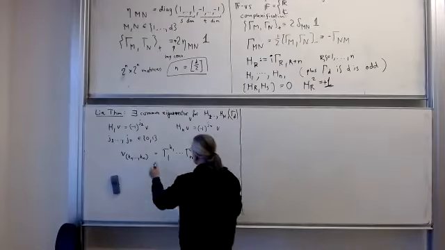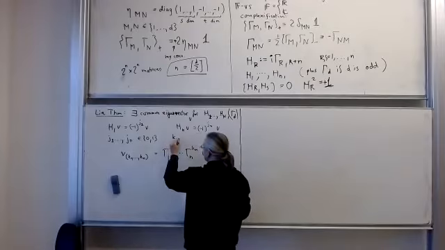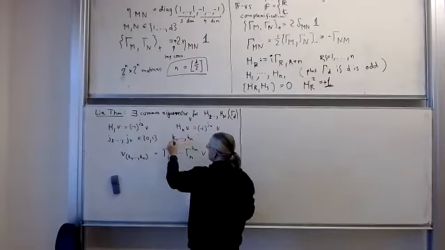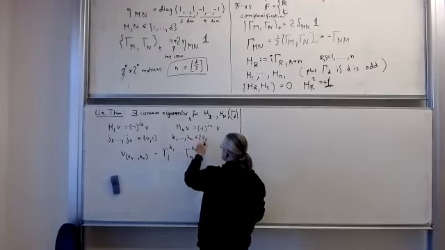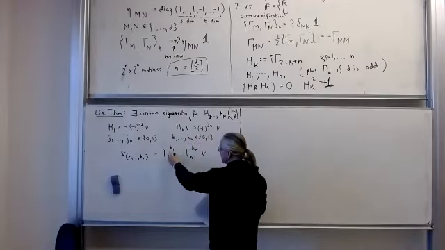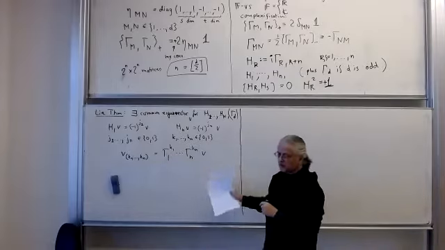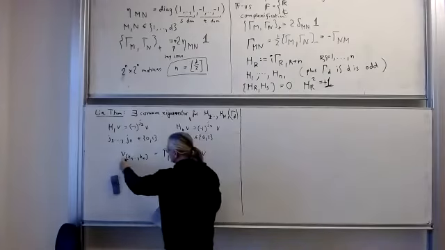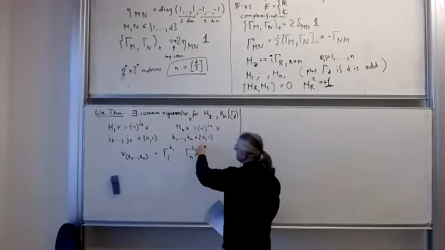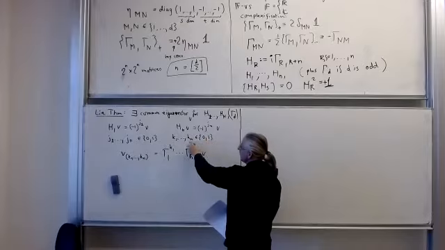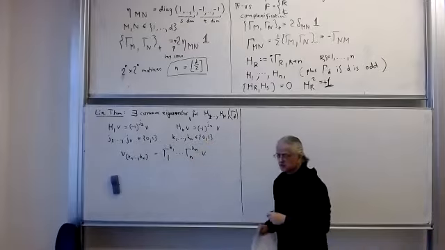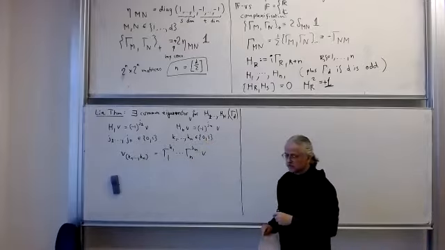Again the k's are either 0 or 1. Either we apply gamma 1, then k1 is 1, or we don't apply gamma 1, then k1 is 0. So we can construct new vectors with binary indices, 0 or 1, n times. Does that make sense?